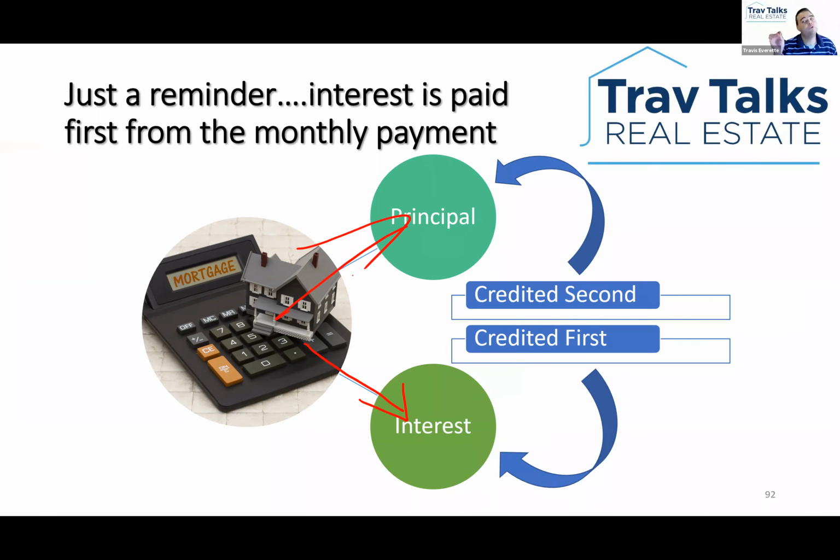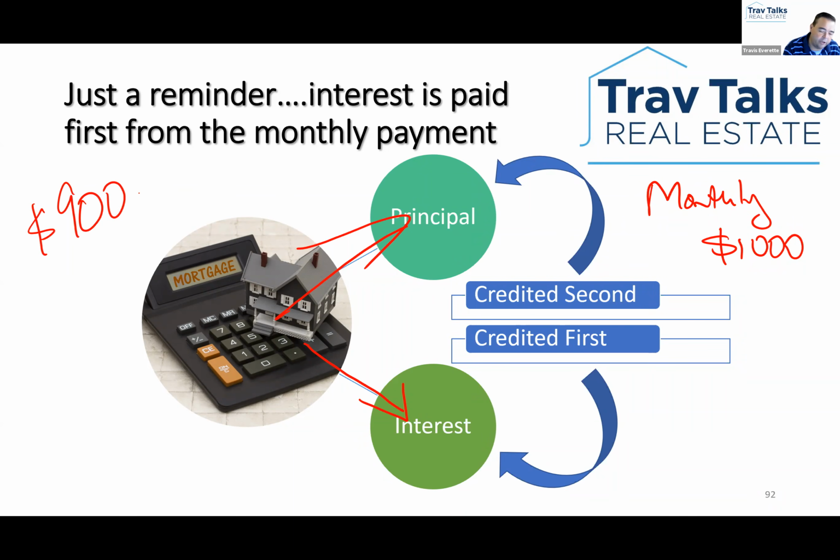Interest. So now let's throw some numbers up here so you can apply that process. Let's say that the monthly payment is $1,000, but we owe $900 in accrued interest for the month.